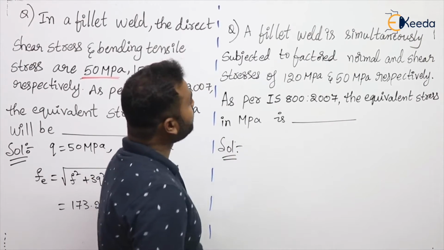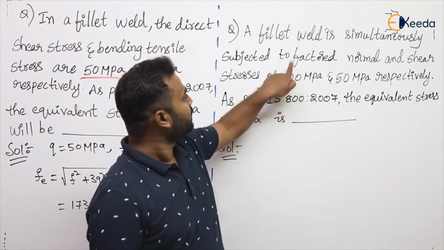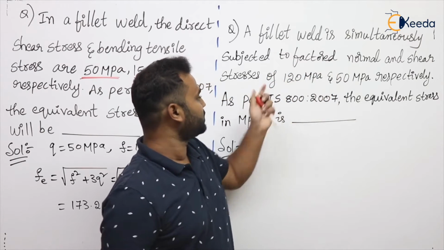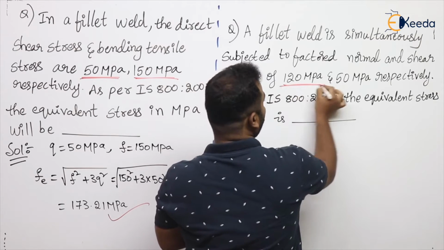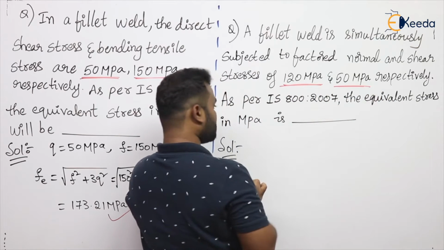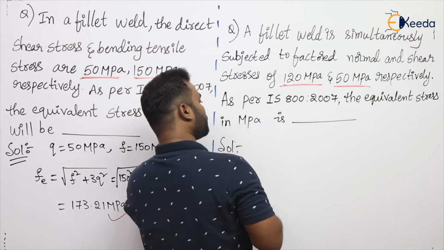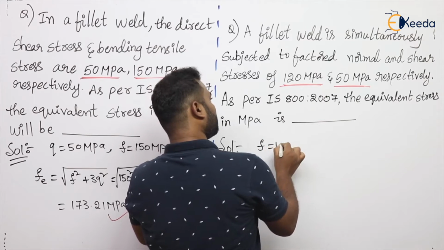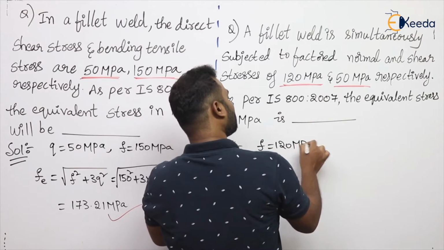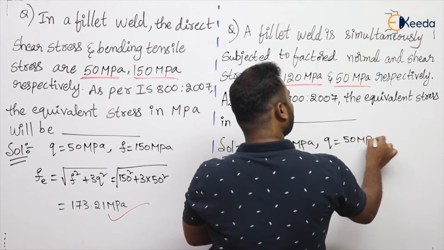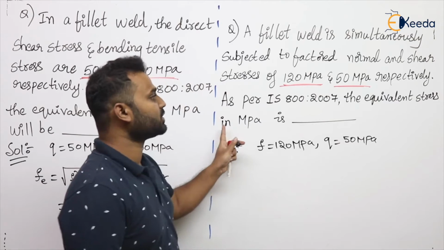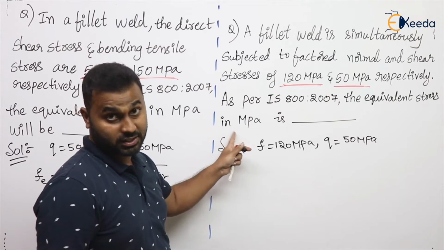So in this question also, what is the given information? Factored normal and shear stress. Normal stress F is equal to 120 MPa and shear stress Q is equal to 50 MPa. Here also we are asked to find the equivalent stress in MPa.